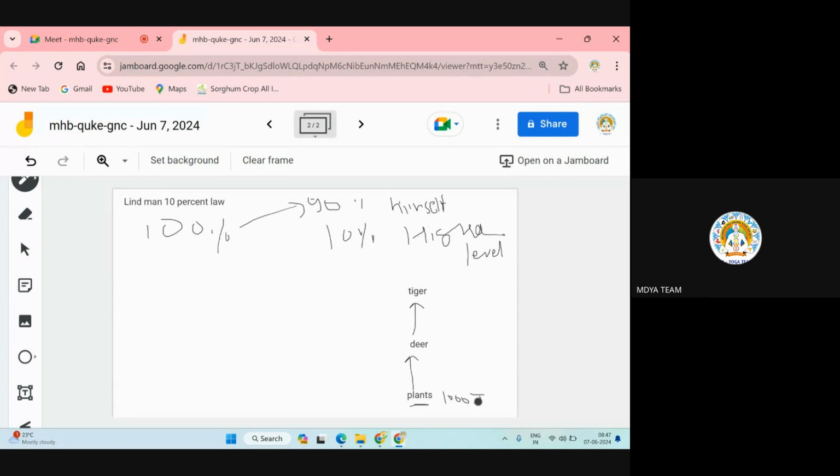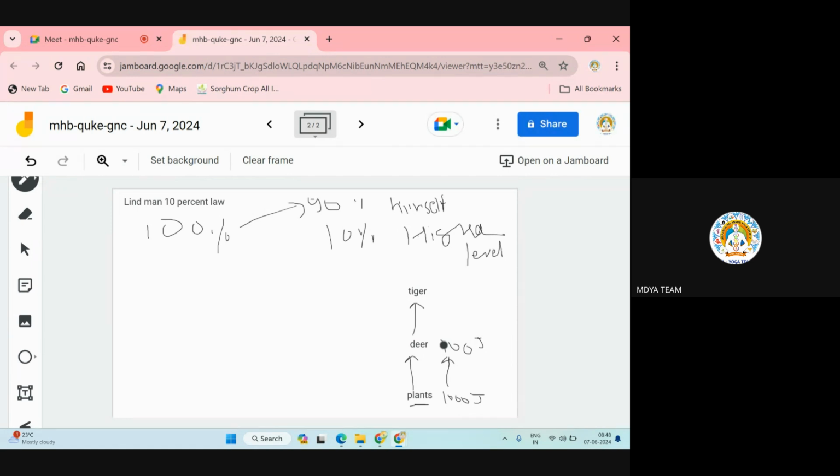So 90% means 900 joule the plant will use, and only 10% of this will be passed to the next trophic level. So deer can only receive 100 joule of energy from plants.